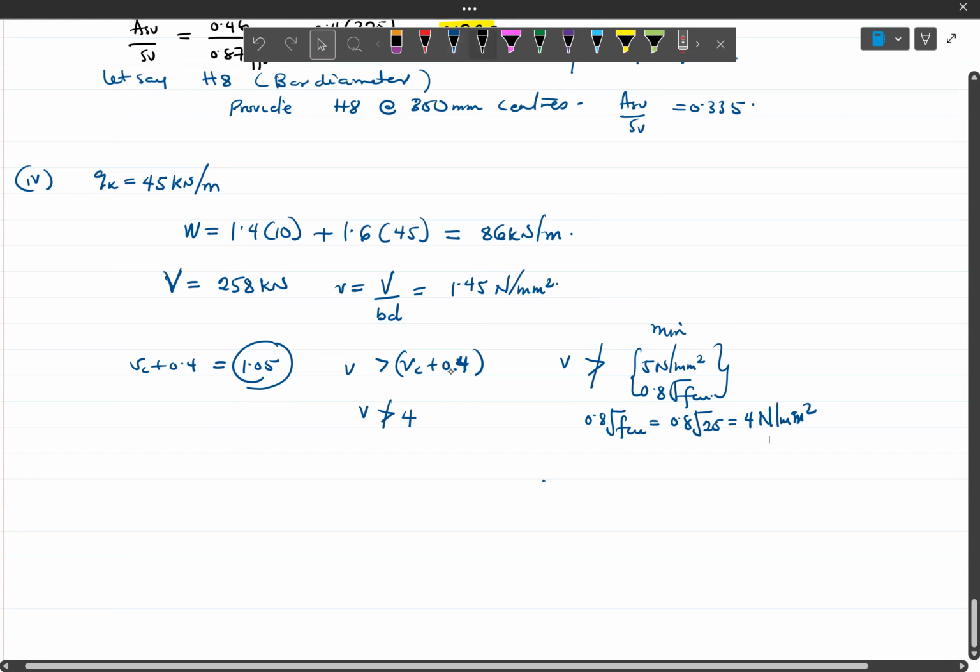When V is more than the limiting value, it means that we have to do a few more things.